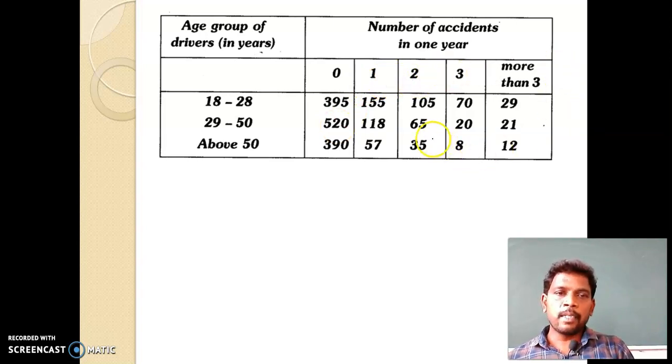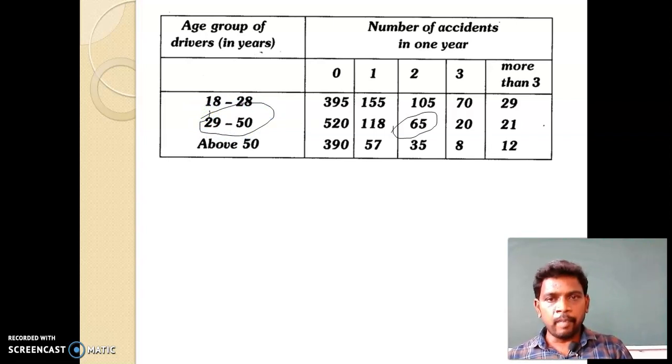That is the meaning. For example, take the number 65. It means the age group 29 to 50 of drivers met with an accident 65 times.